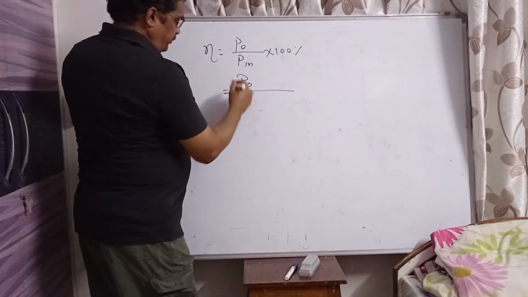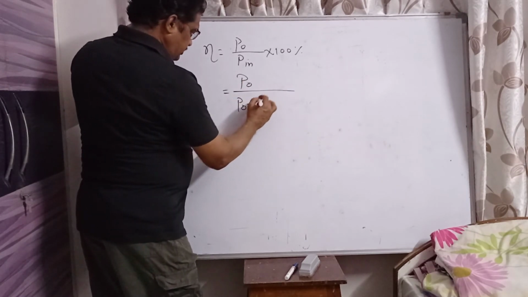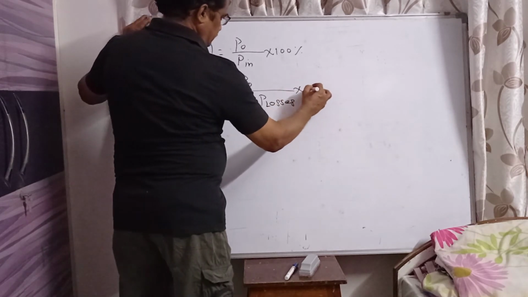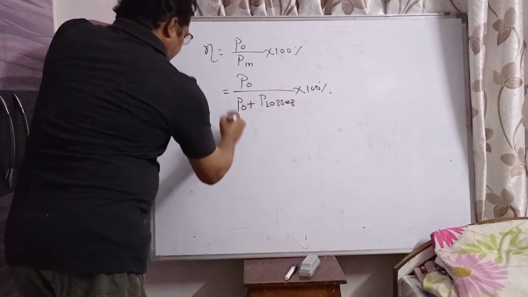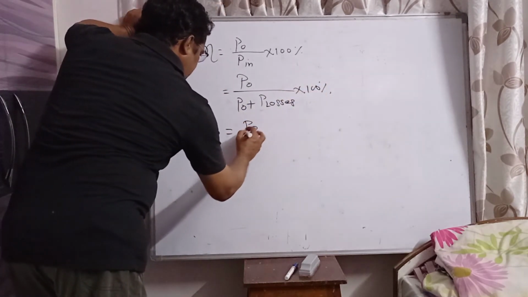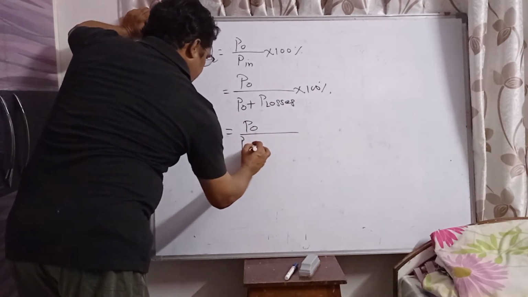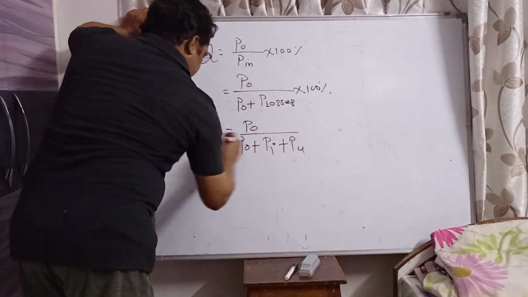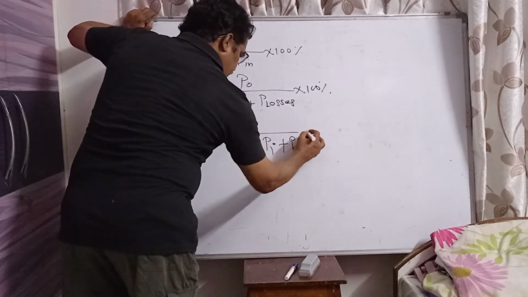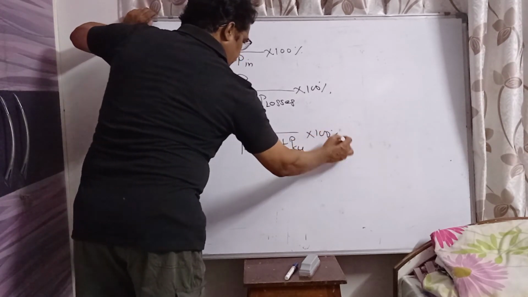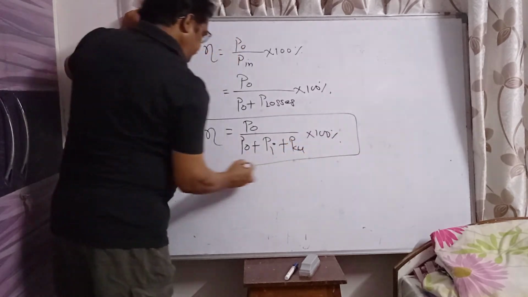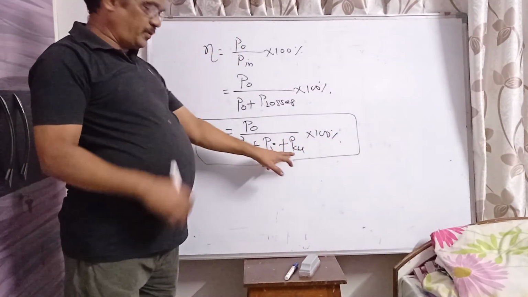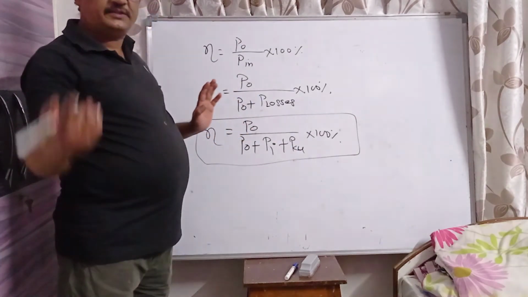Input power is output power plus losses. This we have studied. And what are the losses? Iron loss plus copper loss. Iron loss is obtained by the open circuit test and copper loss is obtained by the short circuit test.